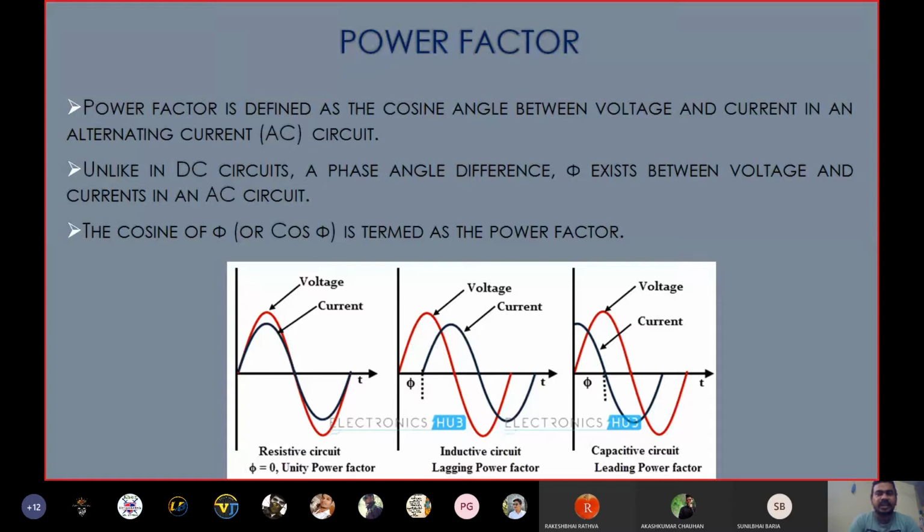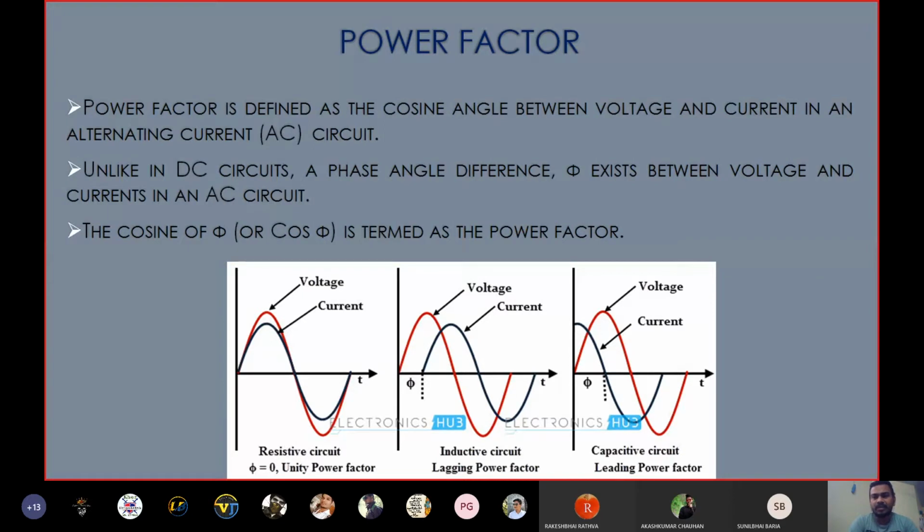This is the angle difference between the voltage waveform and current waveform, the phase angle or phase difference between these two quantities. When current lags behind the voltage by some angle, it is known as the lagging power factor. So in an inductive circuit, the power factor is lagging.